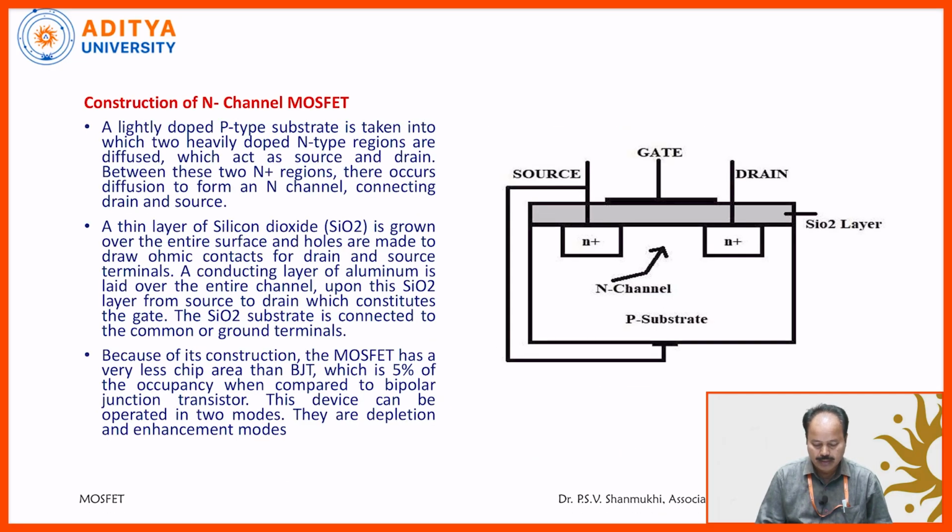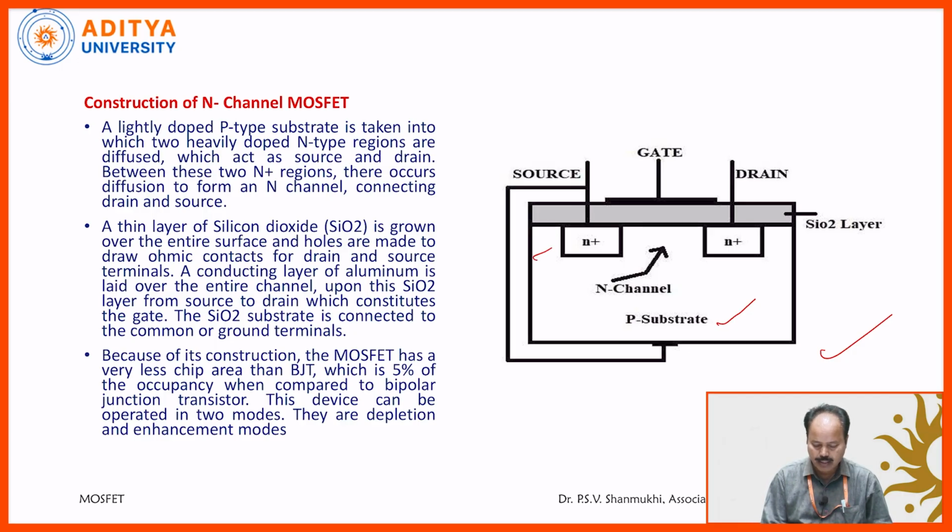And coming to the construction of N channel MOSFET. In this one, a lightly doped p-type substrate is taken. This is a p-type substrate, the base of the material, into which two heavily doped n-type regions are diffused.